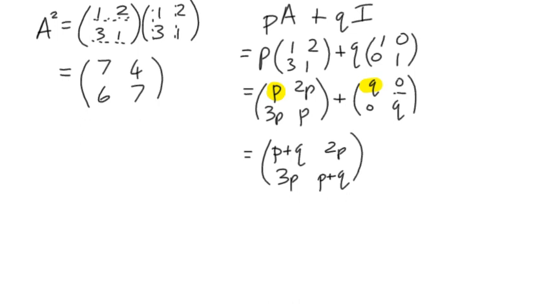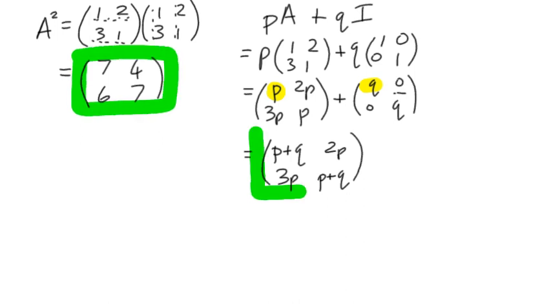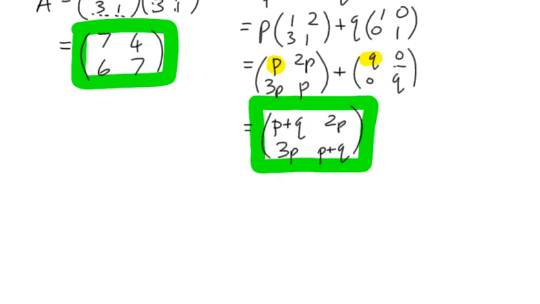So we're saying that those two matrices effectively are equal. This matrix here is equal to this matrix here, which means that we can directly equate each of the elements from one to the other. We can map the first element of this matrix, P plus Q, which must equal 7, and 2P must equal 4.